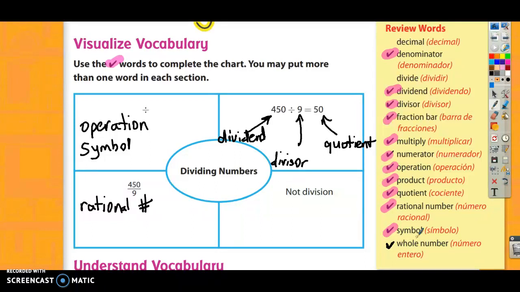We could also use numerator as our top word, and denominator as our bottom word, and we could use fraction bar. That's one of our terms.